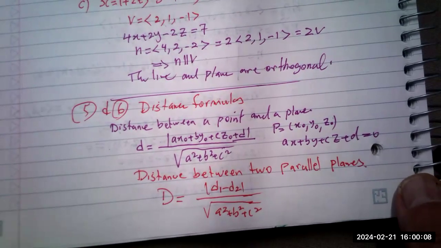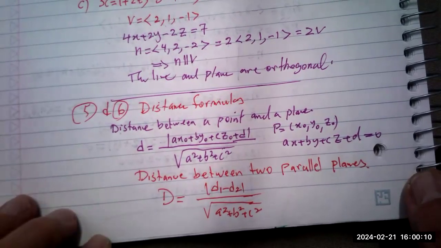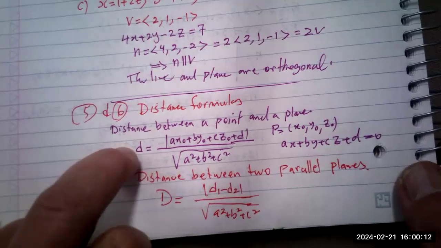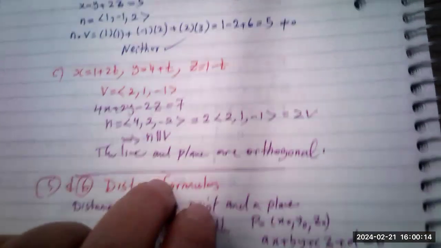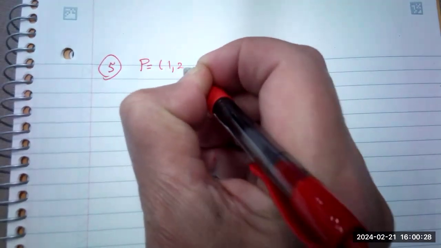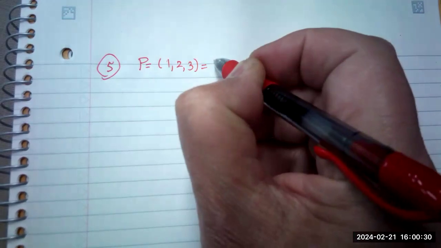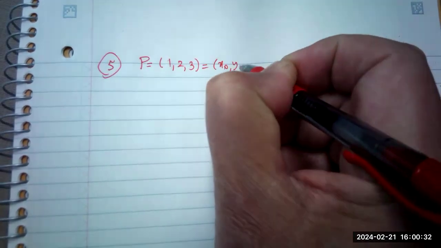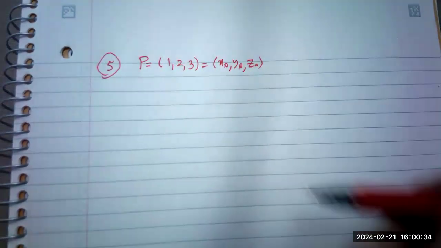So let me just check to make sure you know what you are going to substitute. Any question? Add these two to your collection. Okay, for now, this is 5 and 6. In the case of 5, you have a point. It's going to be a point P, which is (1, 2, 3). You call it x0, y0, z0.